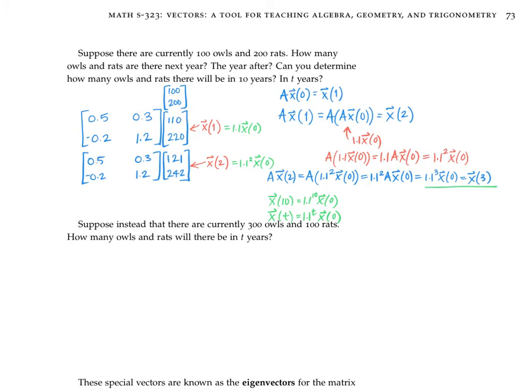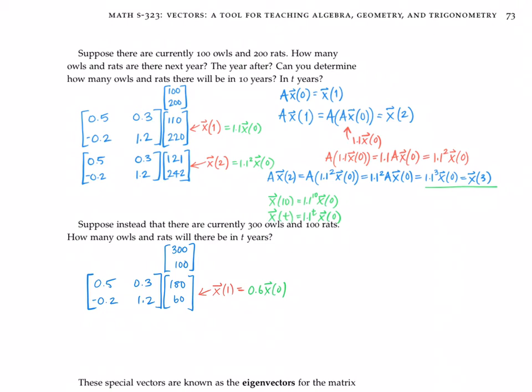Let's compute what x1 would be, or what happens when A acts on this choice for x of 0. We see that we get 180 owls and 60 rats after 1 year, which happens to be a scalar multiple of the original vector that we started with. This is 0.6 times x of 0.